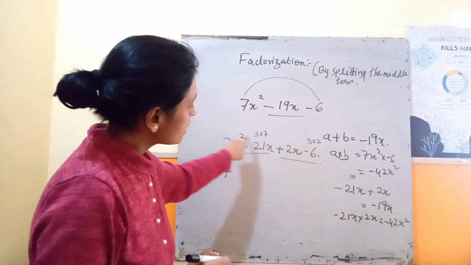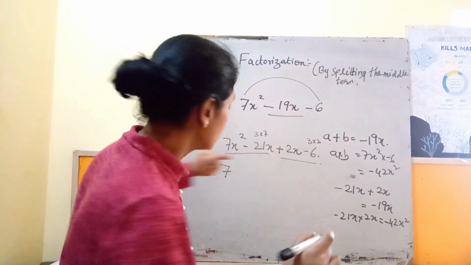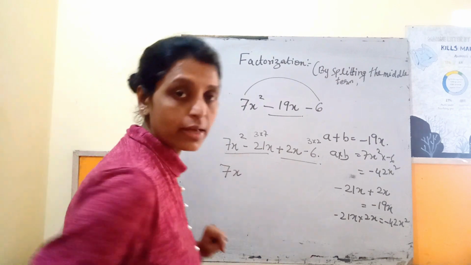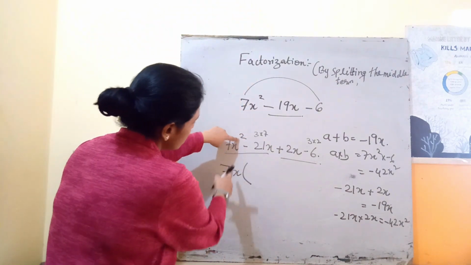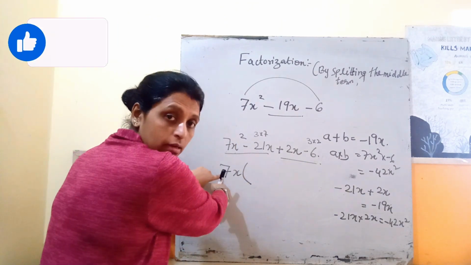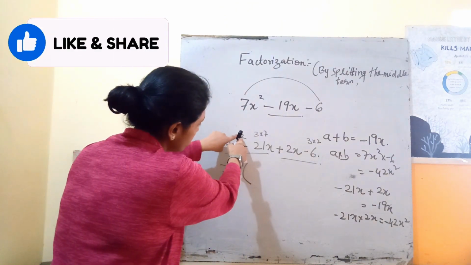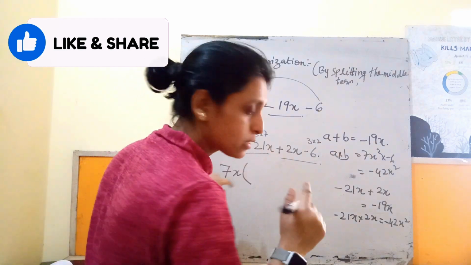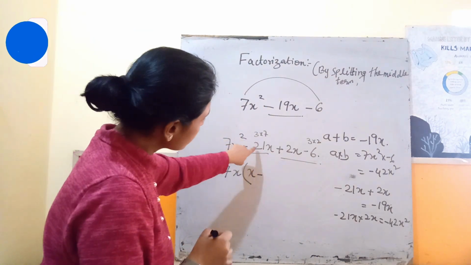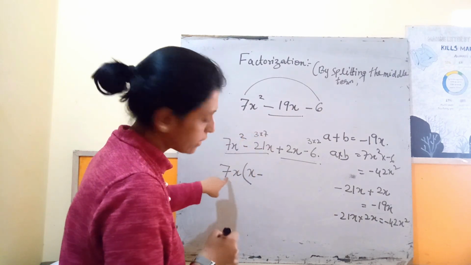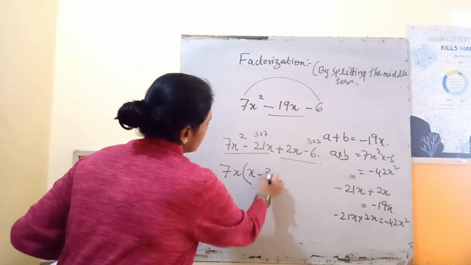Here x square is there and here one single x is there, so at least one x can be taken as common. Now what are we left with? We are left with x minus, and in the other term, with 7x taken as common, we are left with 3.